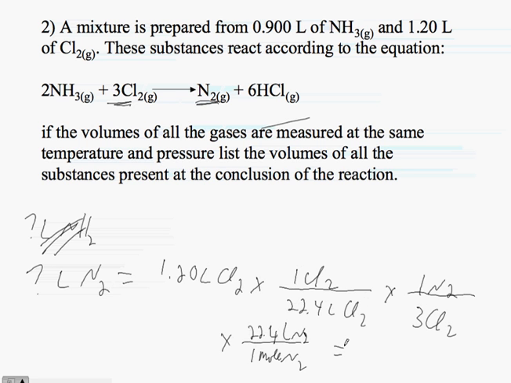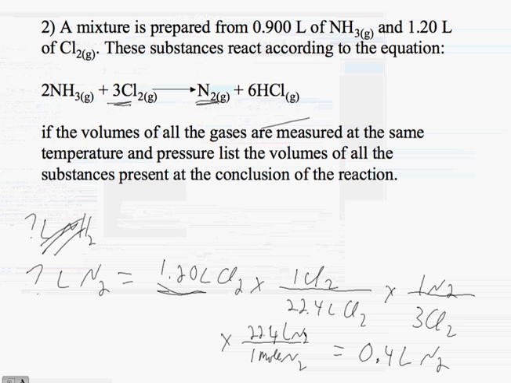When I do that, I end up with 0.4 liters of nitrogen. So that's how much nitrogen will be produced from Cl2, our limiting reagent. So we would get 0.4 liters of N2.